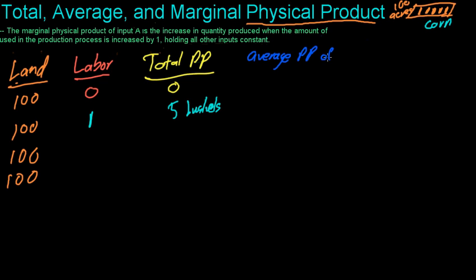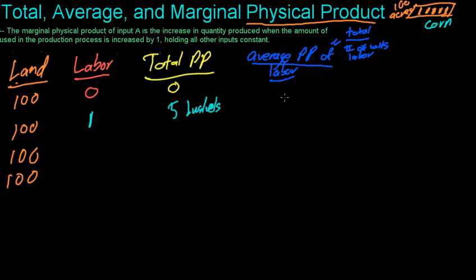And this is important, and this is kind of the new thing to start thinking about. We could do the average physical product of land, but that won't be very interesting, and you'll see why in a little bit. So the average physical product of labor is just equal to the total product divided by the number of units of labor.